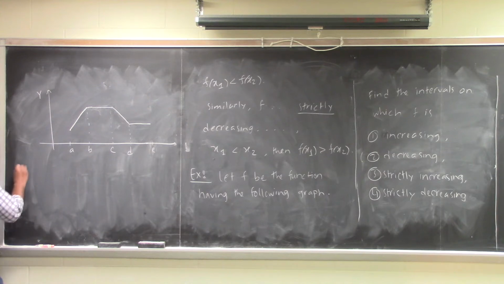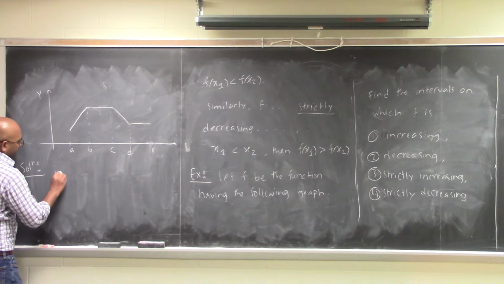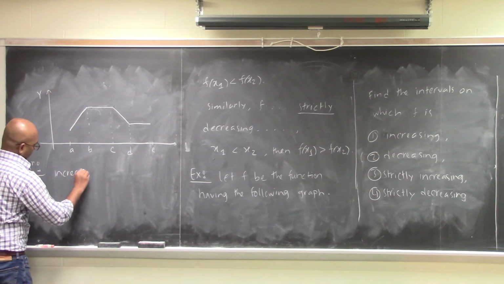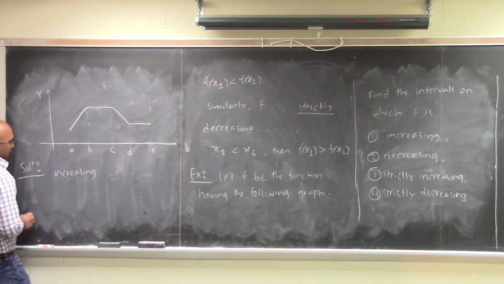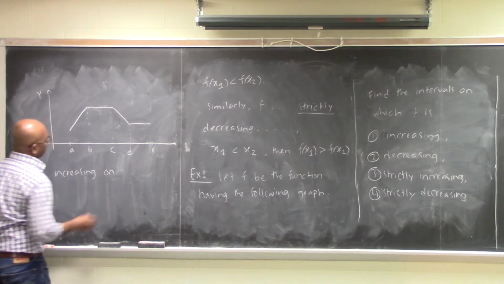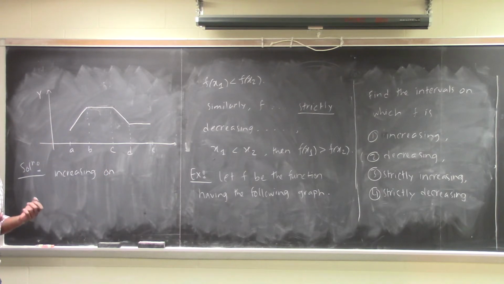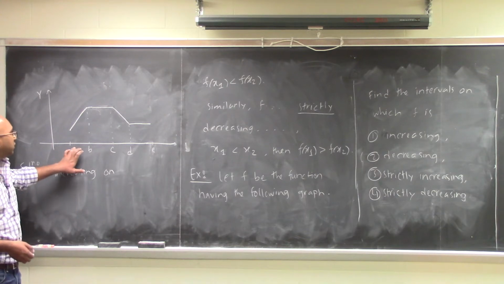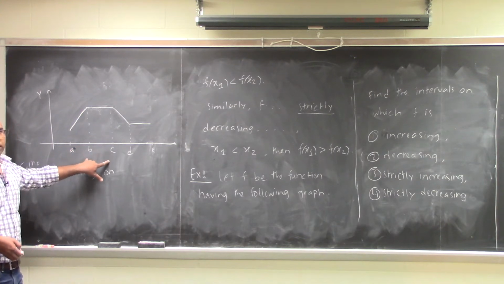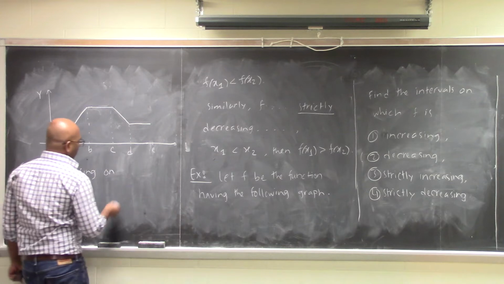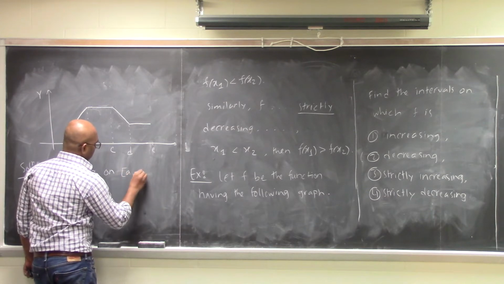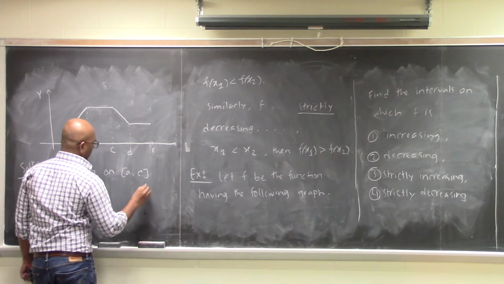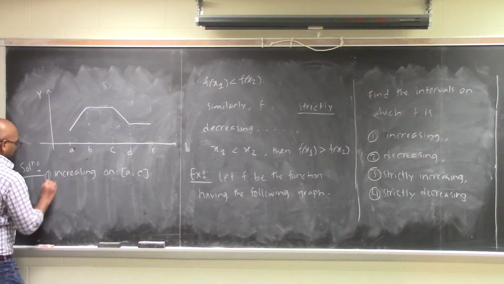Anyway, so solution, where is it increasing? When you say increasing, we include the possibility that the outputs are equal, right? So it should be A to C. Increasing on A to C. That is number 1.